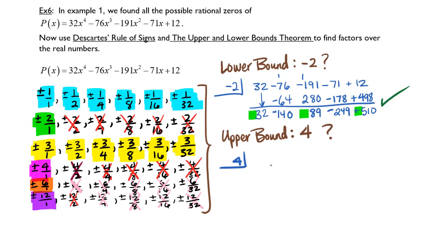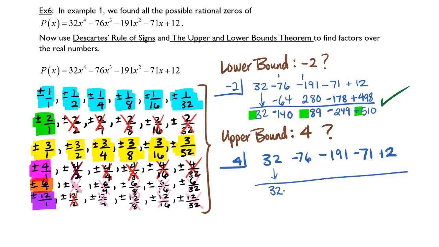In synthetic division, drop down 32. 32 times 4 is 128. Negative 76 plus 128 is 52. Times 4 is 208. 208 minus 191 is 17.